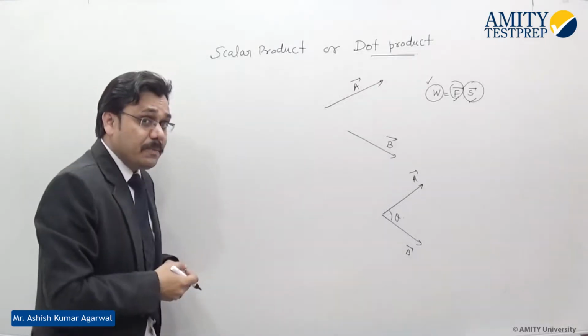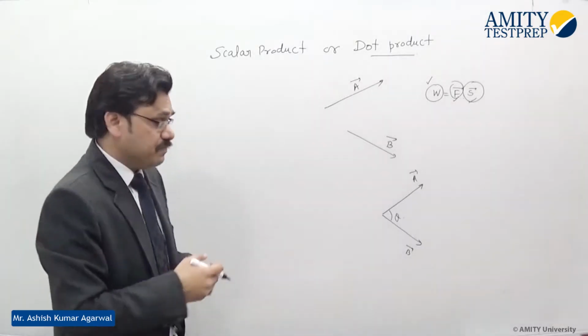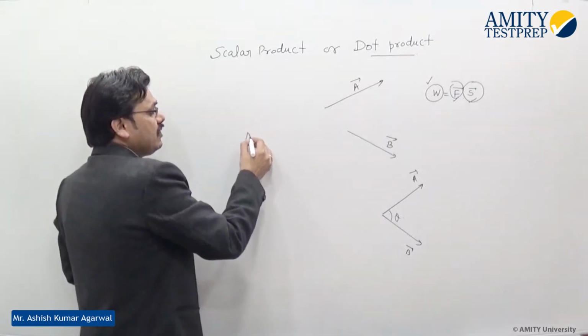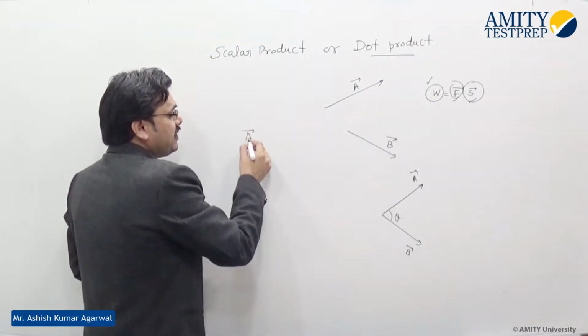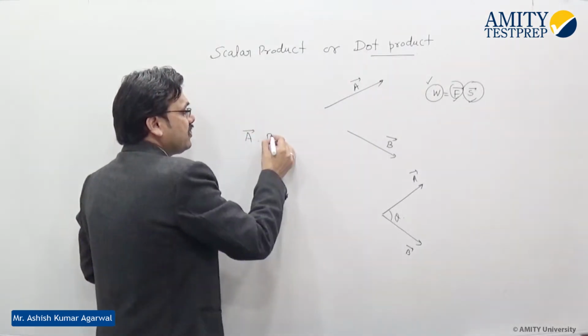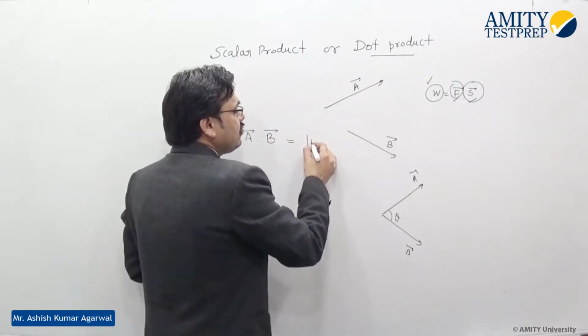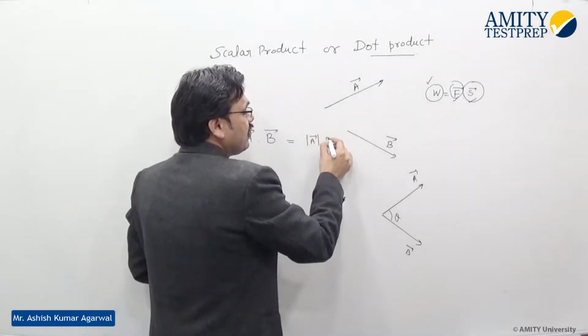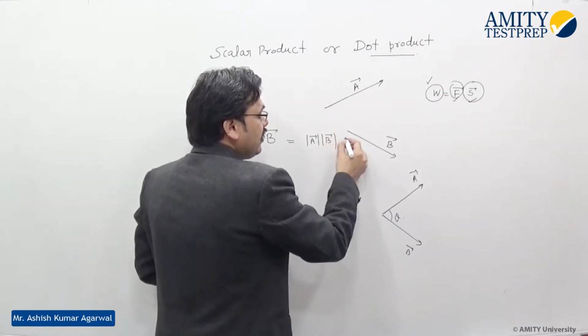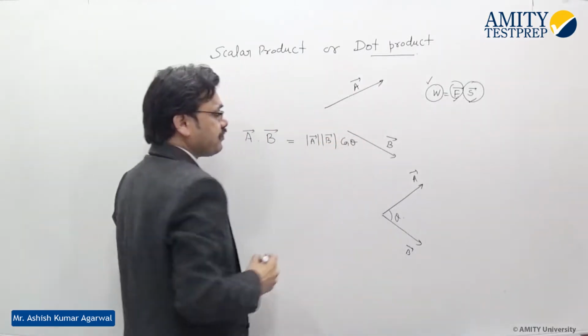Now how do we operate it, how do we get the answer? To get a scalar product or dot product, I have to write A dot B, defined as the magnitude of A into the magnitude of B into cos theta.